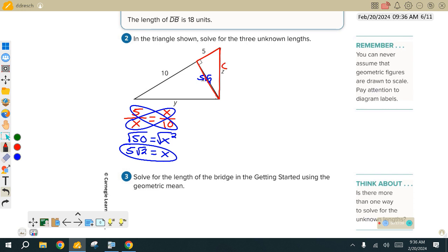So this was like day 5 when we did the Pythagorean theorem. What is it? 5 squared plus what? 5 root 2 squared equals z squared, right? Cool. Go at it. You guys got calculators.